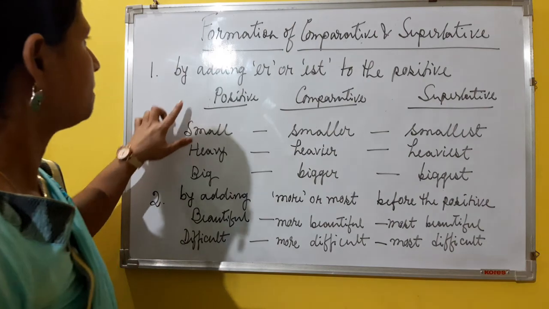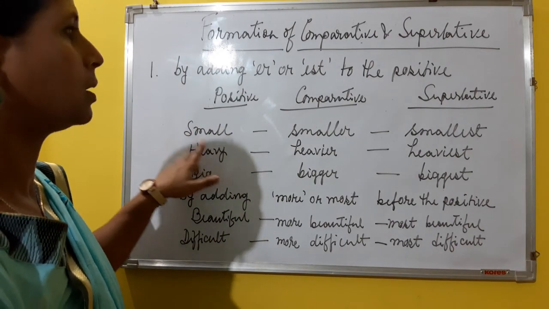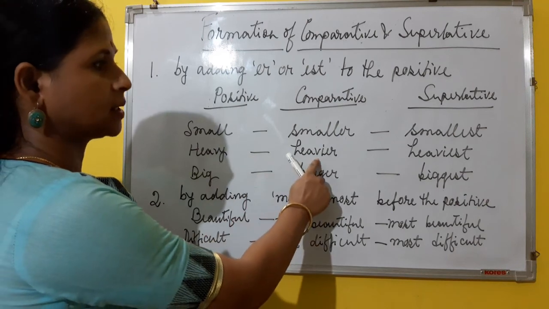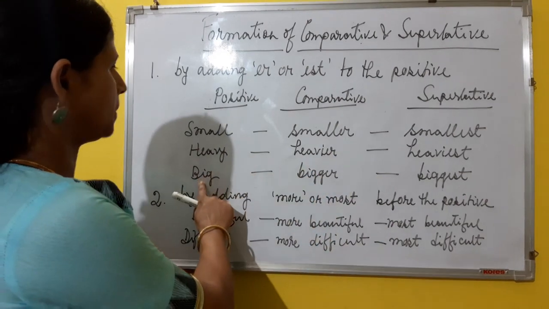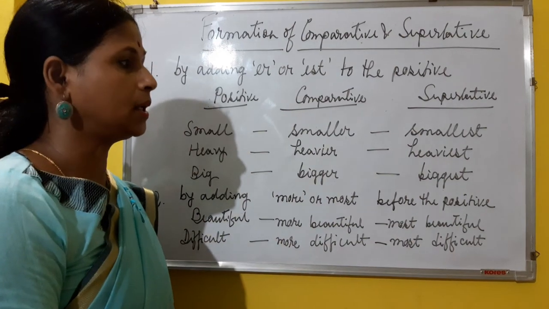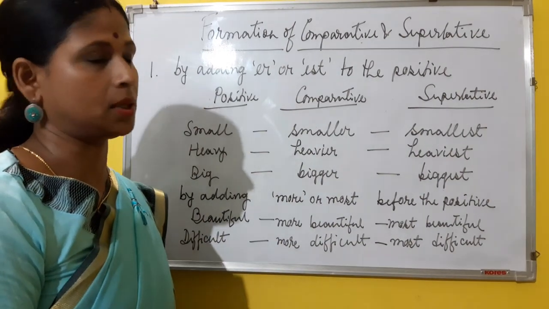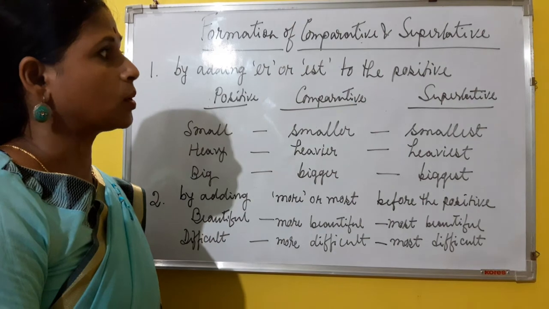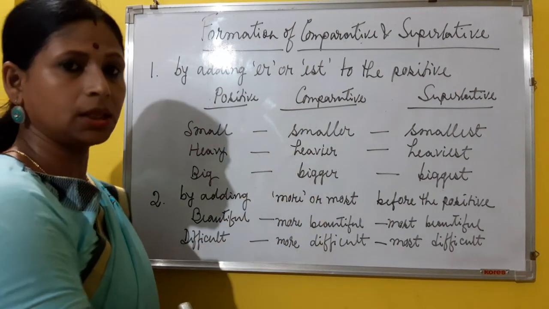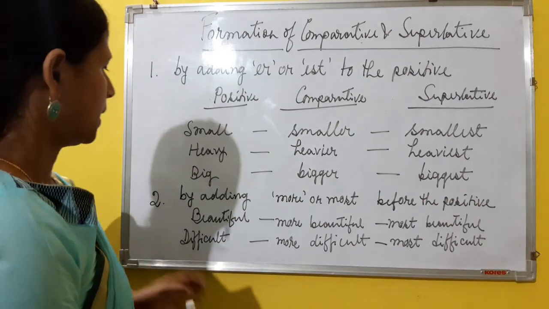For example, small, smaller, smallest, heavy, heavier, heaviest, big, bigger, biggest. So generally adjectives of one syllable form comparative and superlative by adding er or est to the positive.